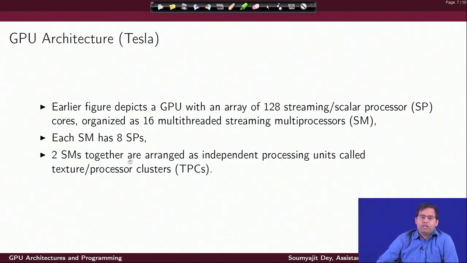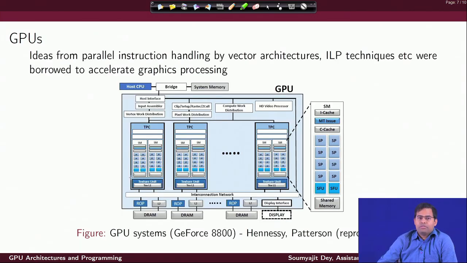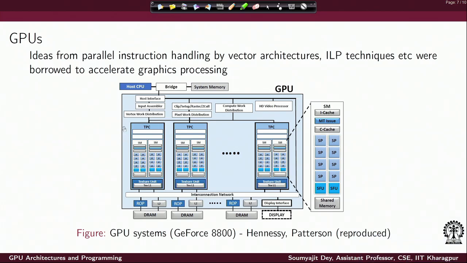Two SMs together are arranged as an independent processing unit called texture processor clusters, or in some books it is also known as thread processing clusters. So, I have these clusters, 8 of them.